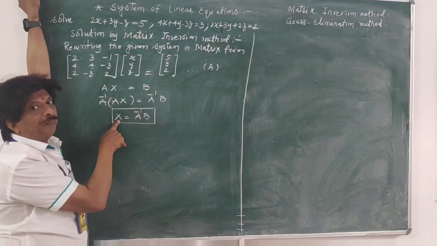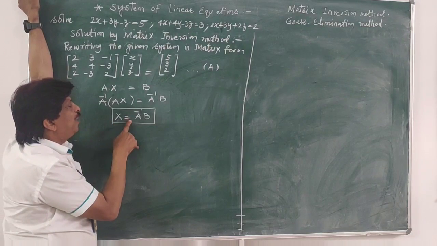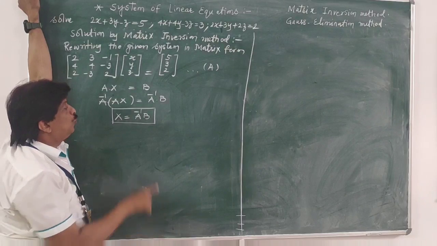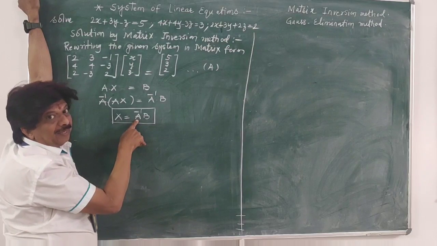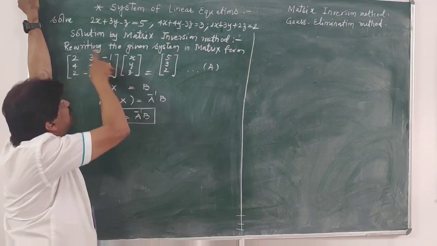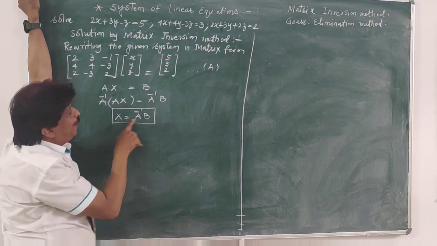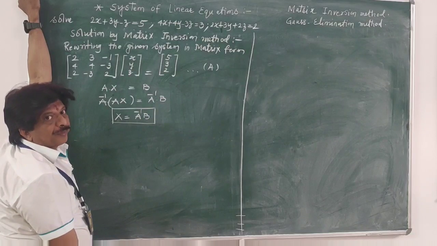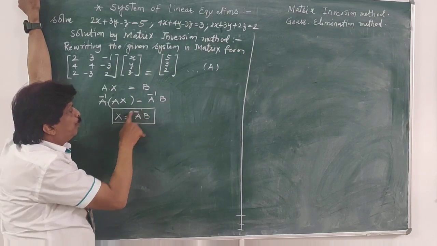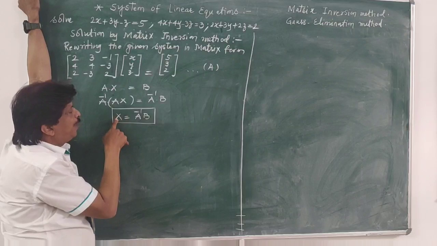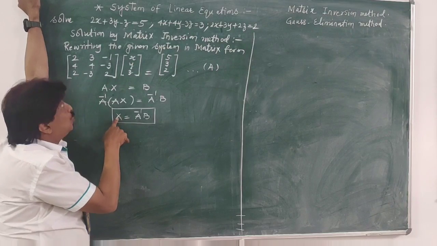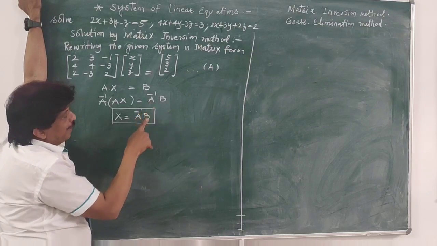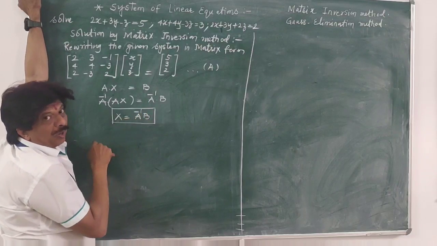The solution is obtained by finding the matrix A inverse into B. So you need to determine the inverse of the coefficient matrix A, multiply it by the column matrix B, and whatever this matrix product comes out to be is your matrix of unknowns. So we shall first determine A inverse, and afterwards take the product A inverse B.